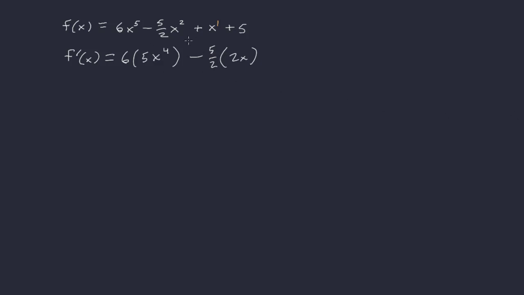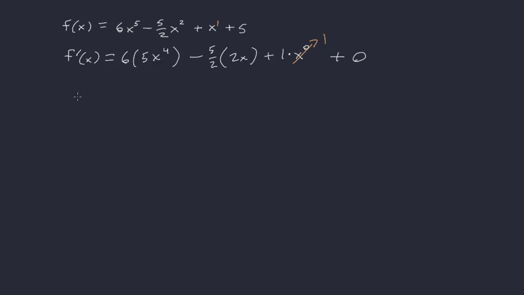I think we've already established that for any linear term, the derivative is just going to be the slope, but if you forget that, this is x to the 1, so you can think of this as being 1 times x to the 0, which comes out to just be 1. Then the derivative of a constant is 0. So I'm just going to go ahead and put the plus 0 here to specify that a constant all by itself has derivative 0.